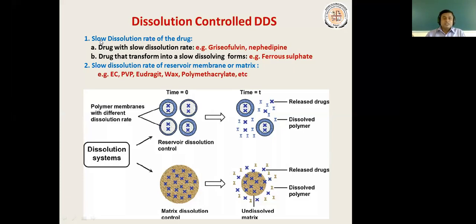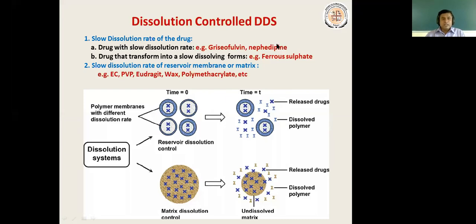It is slowly dissolved and absorbed, and ultimately gives a longer period of action. These are called drugs with a slow dissolution rate. A few examples of such drugs are griseofulvin and nifedipine, which produce a naturally prolonged drug product.